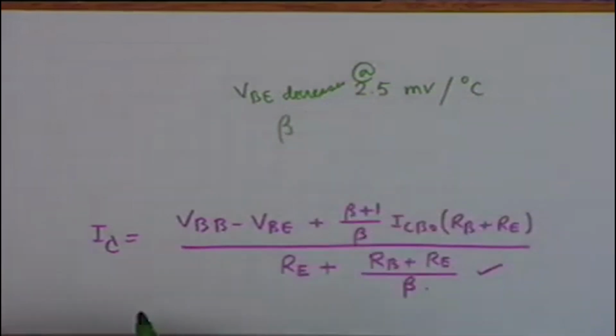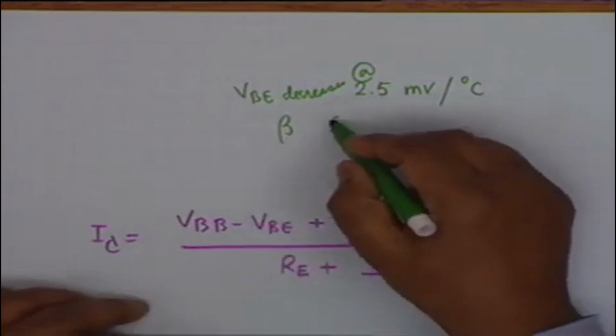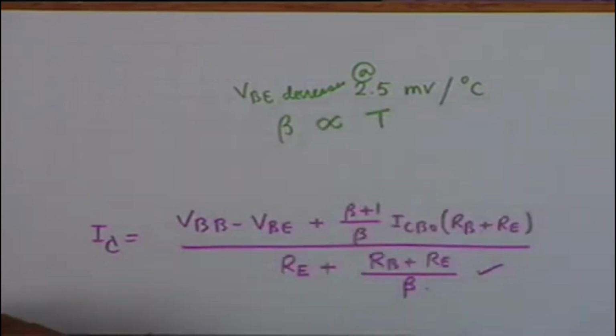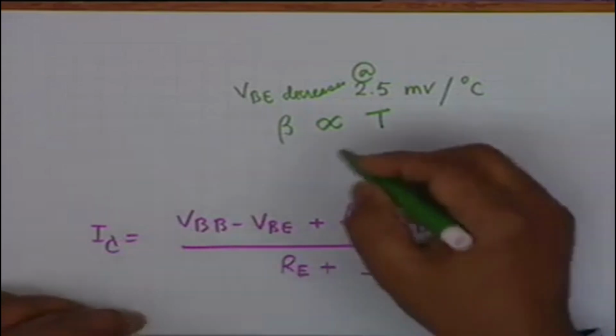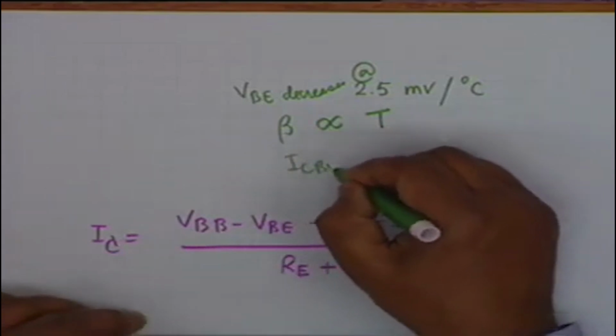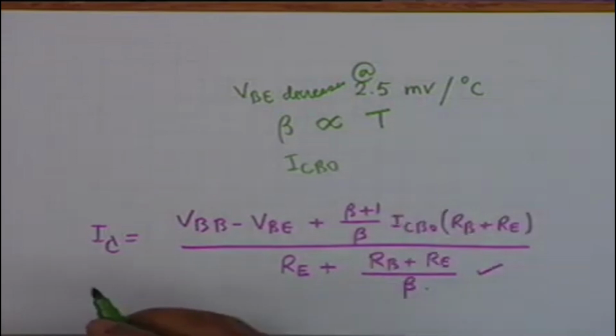Beta also increases with temperature almost linearly. Beta is proportional to temperature, almost linearly, and I sub CBO increases exponentially, it doubles for every 10 degrees centigrade rise of temperature.